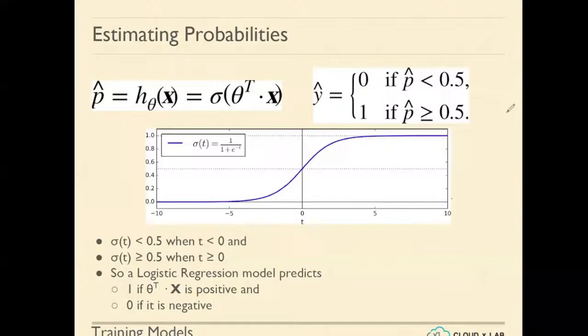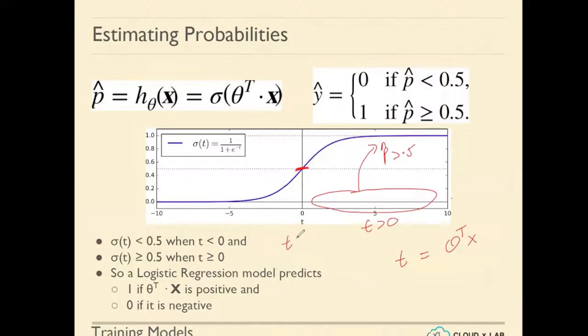So here this theta transpose x we are taking as a small t, right? So when t is greater than 0, which means you can have any t value here, then the corresponding probability will be greater than 0.5, right? Because this is the point where we are having probability 0.5.